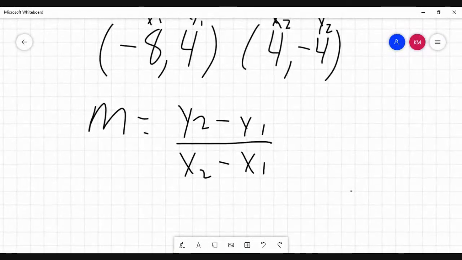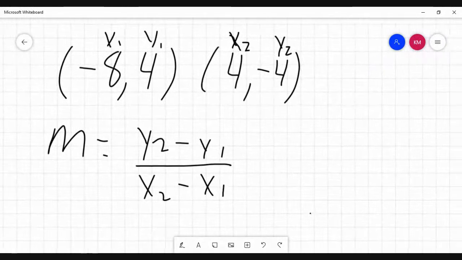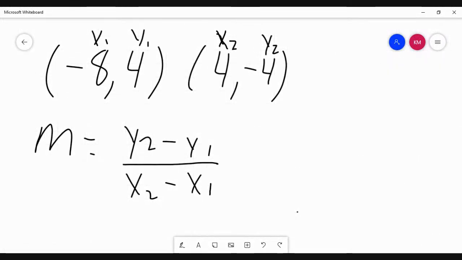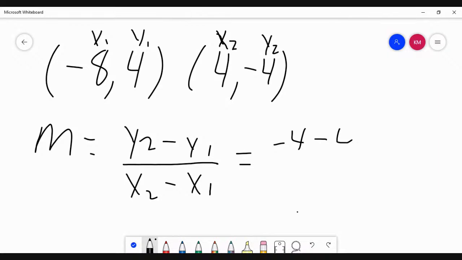Now that we have written our formula, we can now find our slope. So y2, that is negative 4. y1, make sure you put your minus sign. y1 is a positive 4, so all you have to do is a minus 4.